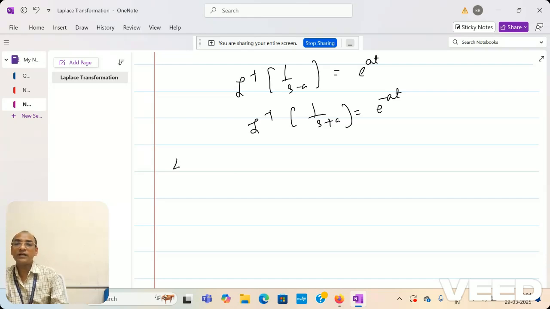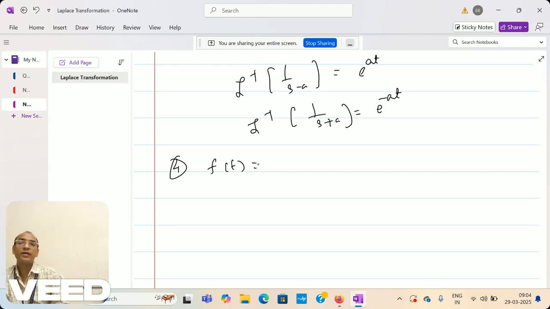Suppose I take another standard function, say f of t equal to sine at. Okay, sine bt I will take, sine bt.